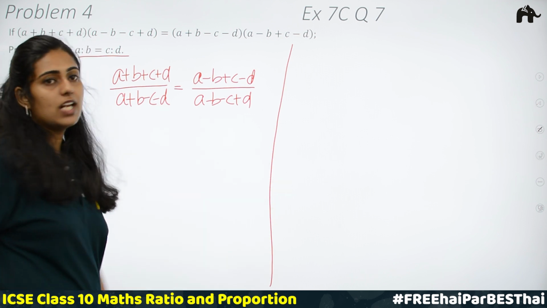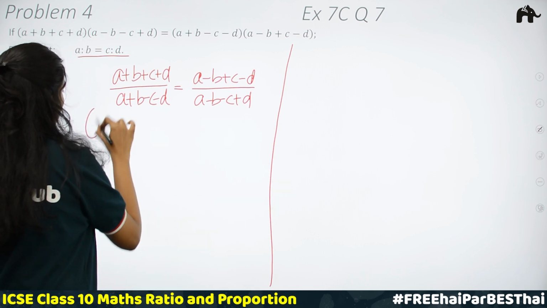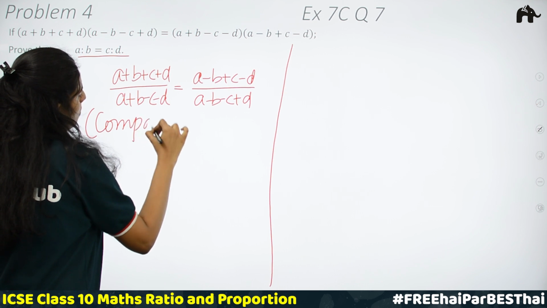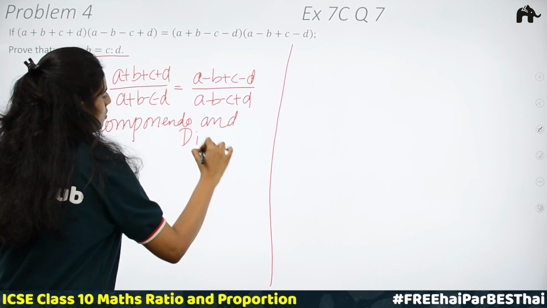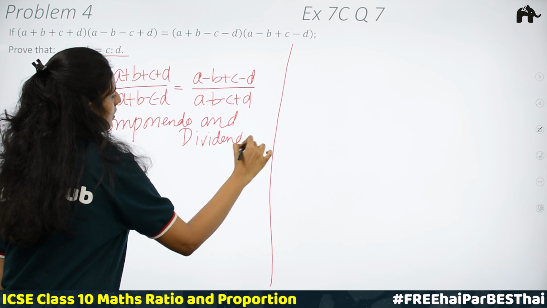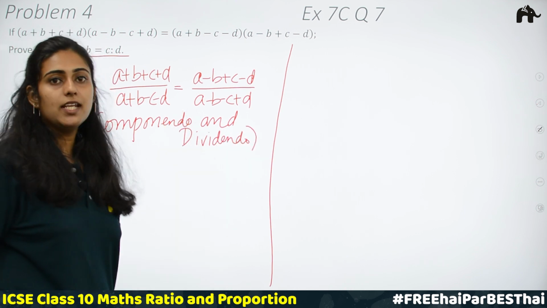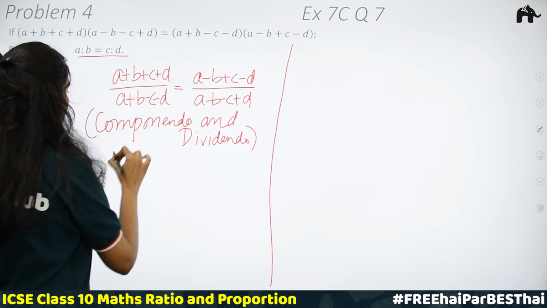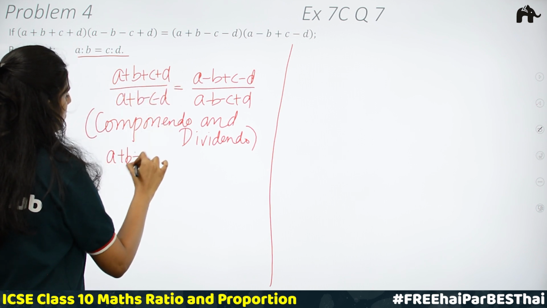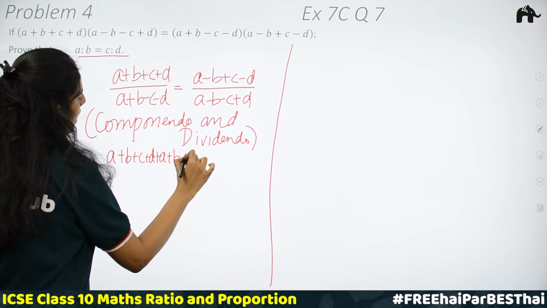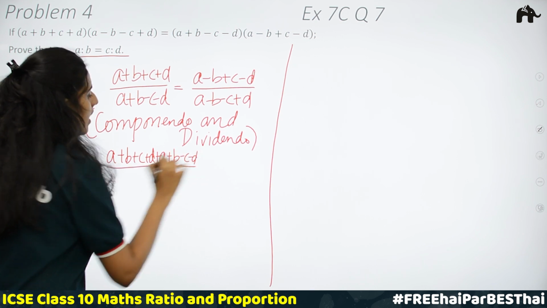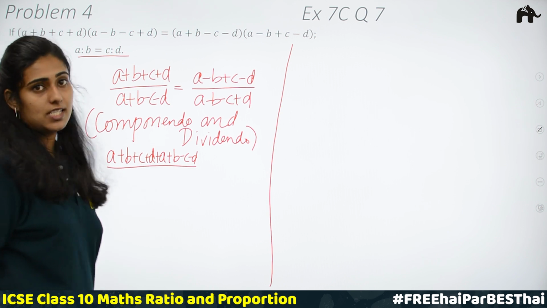Now here we will apply the componendo and dividendo property. Applying componendo and dividendo. Okay. By applying this, many terms will get cancelled. Here we have a plus b plus c plus d plus a plus b minus c minus d divided by, next is a minus b.